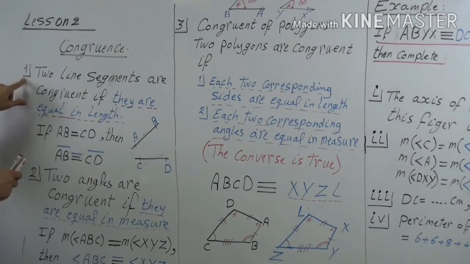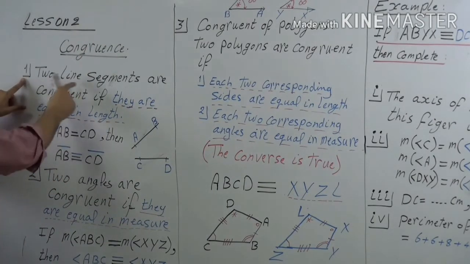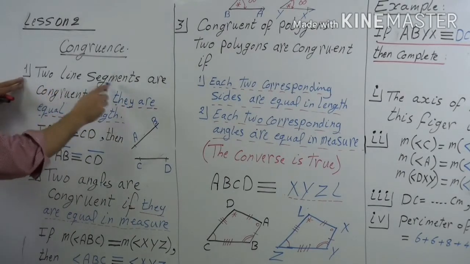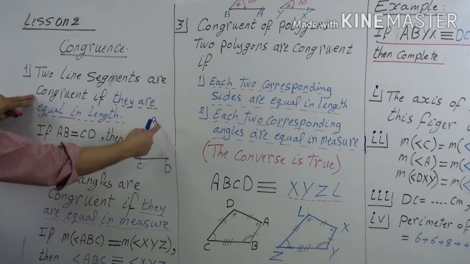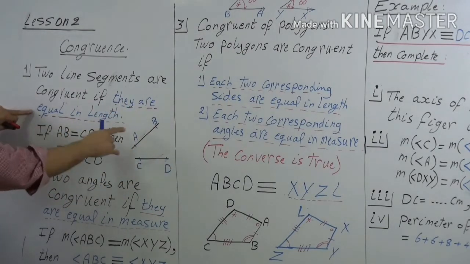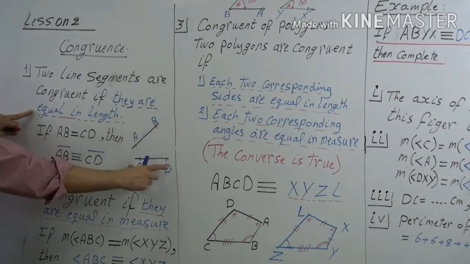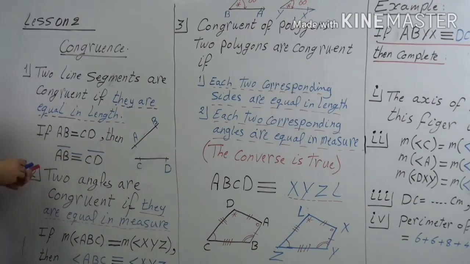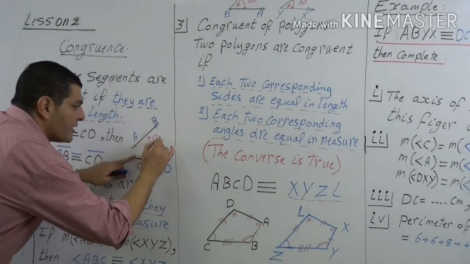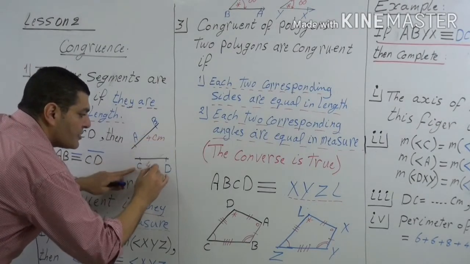What about number 1? Two line segments are congruent if they are equal in length. For example, 4 centimeter, 4 centimeter.